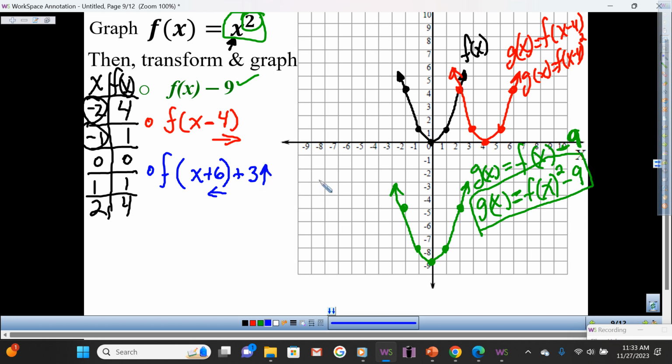That is correct. So, left 6, up 3. So I'm going to start with this one. Left 6, 1, 2, 3, 4, 5, 6. And up 3, 1, 2, 3. Let me go to the next point. Left 6, up 3.